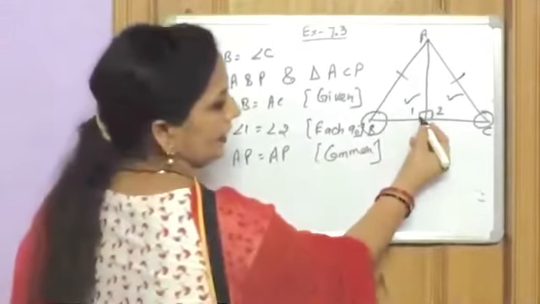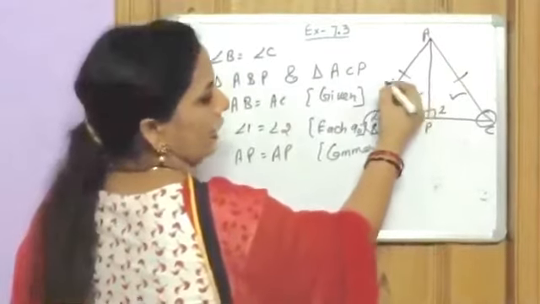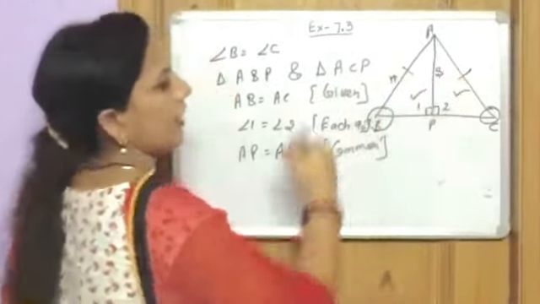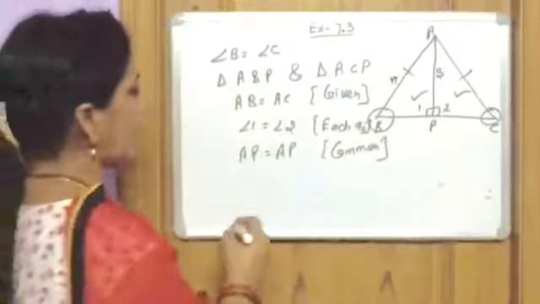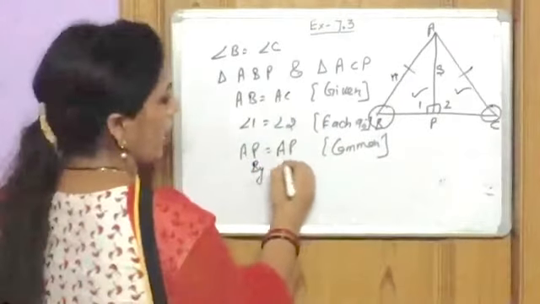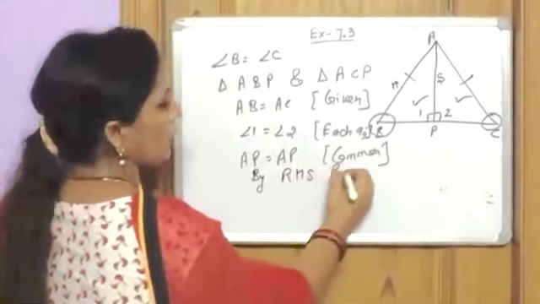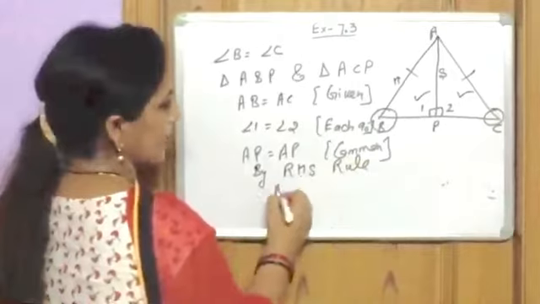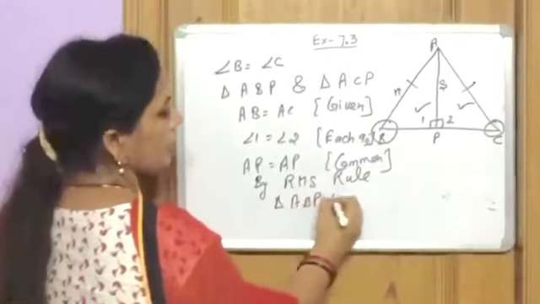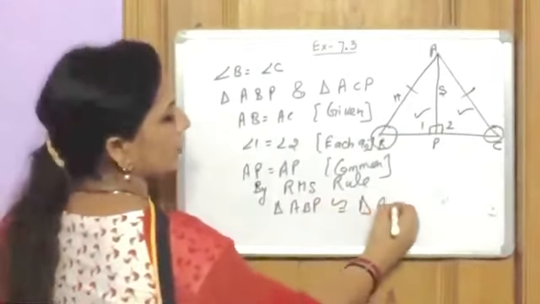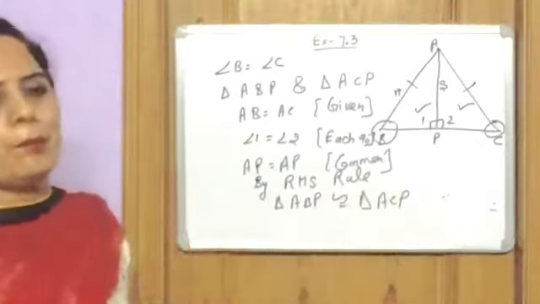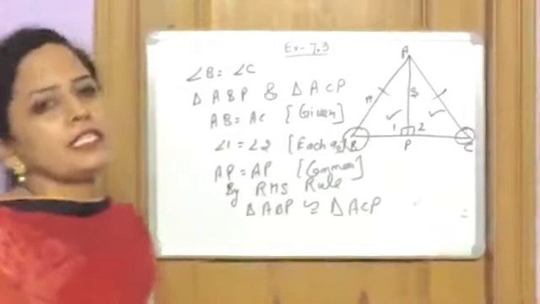This is a 90-degree angle, this is the hypotenuse and this is one side. So by RHS rule, these two triangles are congruent. If these two triangles are congruent, then their remaining parts will be equal by CPCT.